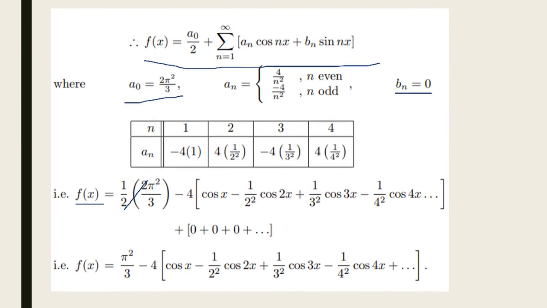Finally, we have f of x equal to pi squared over 3 minus 4 times quantity cosine x minus 1 over 2 squared cosine 2x plus 1 over 3 squared cosine 3x minus 1 over 4 squared cosine 4x plus, and so forth.